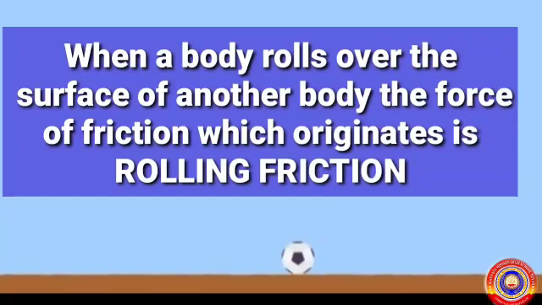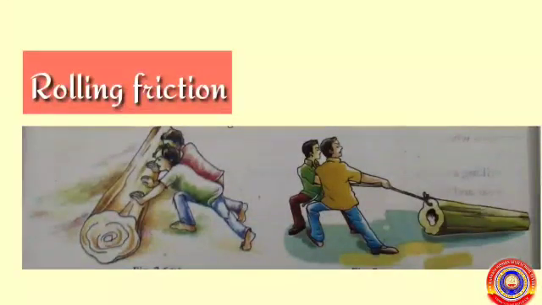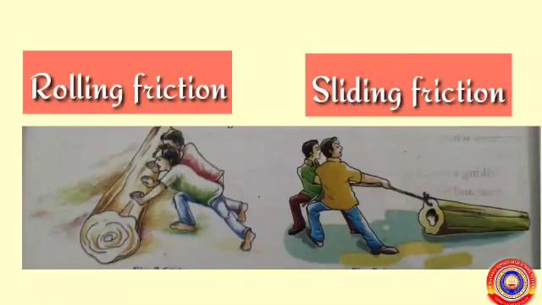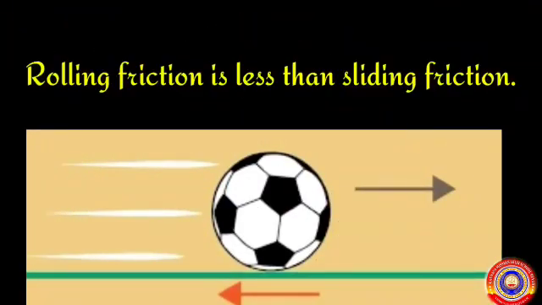And when a body slides on the surface of another body, the force of friction which originates is sliding friction. In the first picture, rolling friction is experienced, and in the second picture, sliding friction is experienced. Always remember, rolling friction is less than sliding friction.